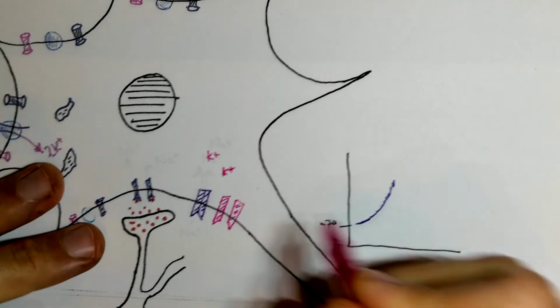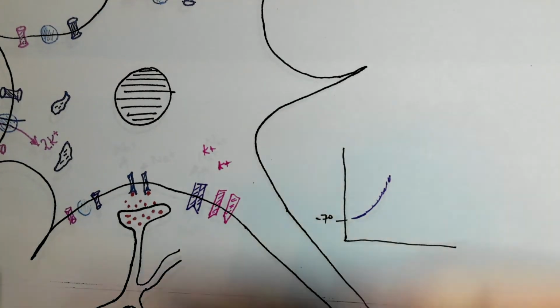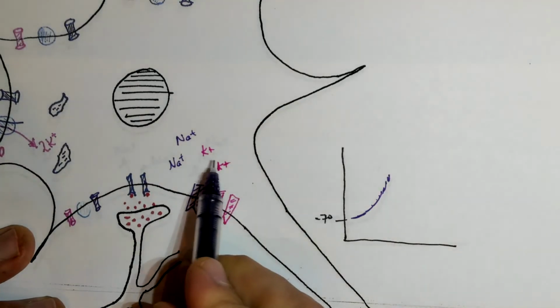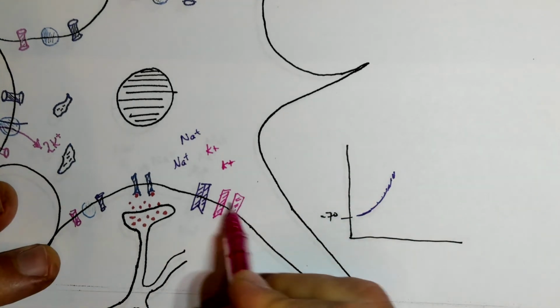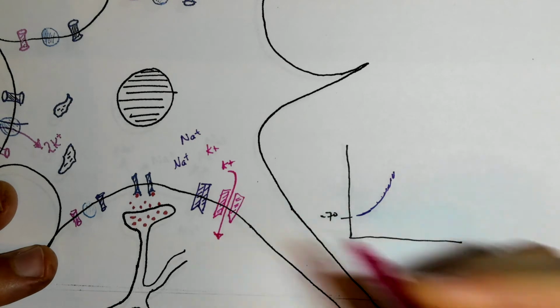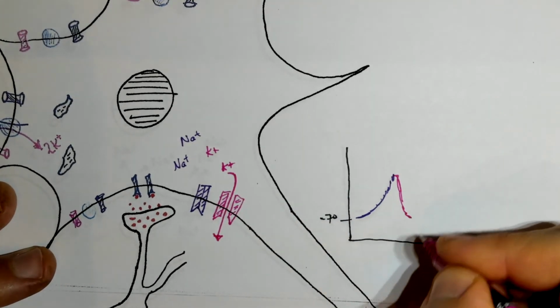And then it became very positive because all that sodium came into the cell. Let's draw that in. All that sodium came in, but now you've got all this potassium that can come out. And when that potassium does come out because of that voltage-gated potassium channel, you end up repolarizing.